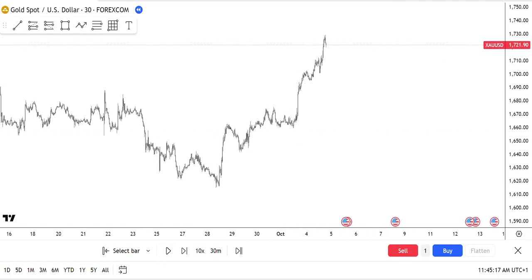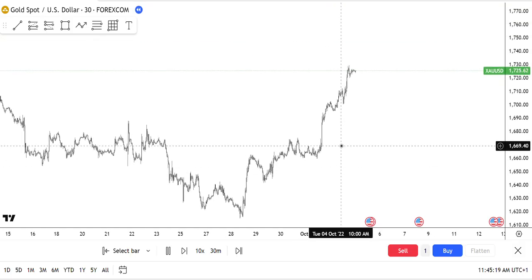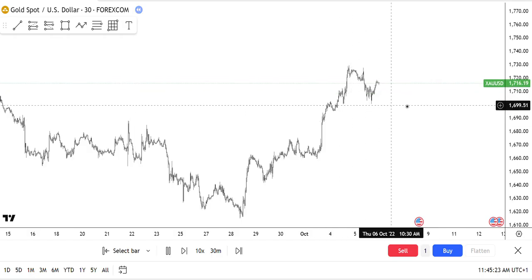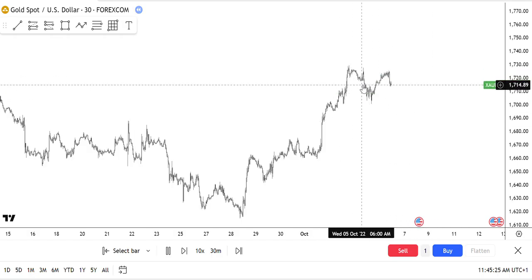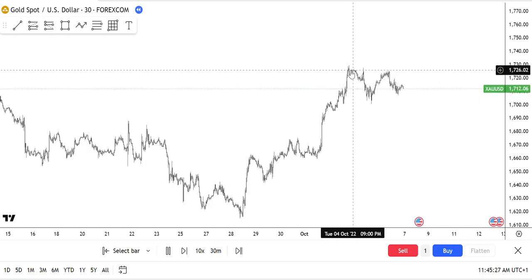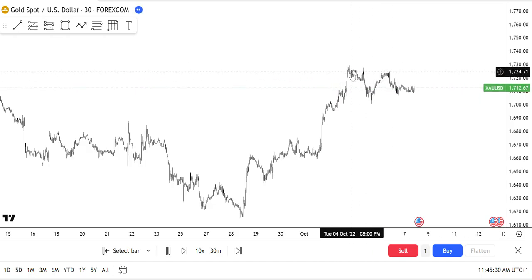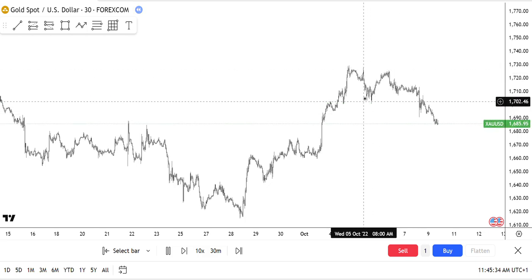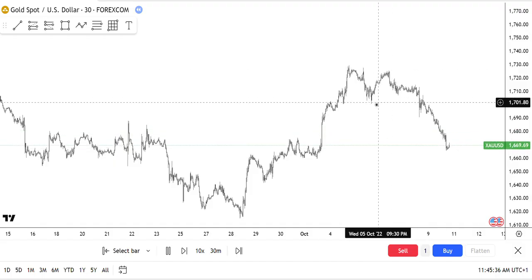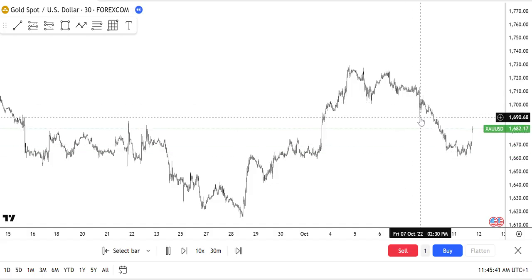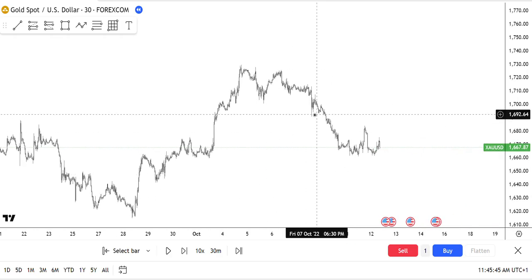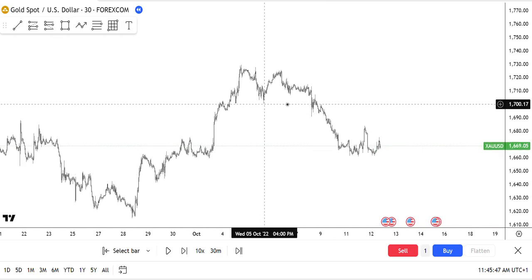All right, so in this particular case, you can say that we have a bullish trend, and then you see price beginning to calm down. In this case, you see this high, and you see this lower high. You see this high being lower, and then you see another high here, and you see that a low is being taken, and then we have a lower low, a lower low, a lower low.